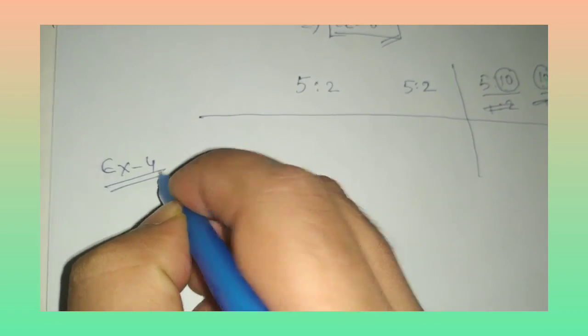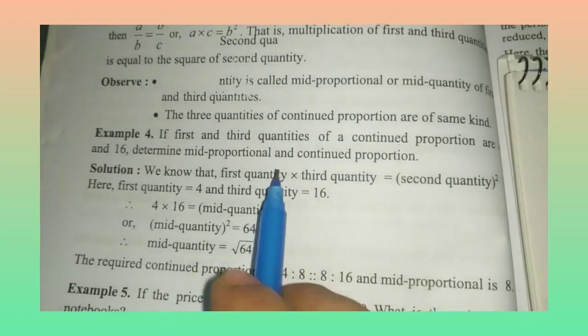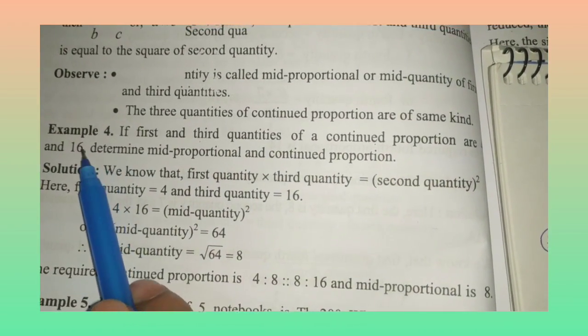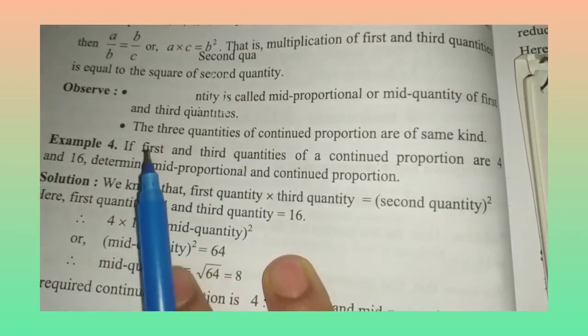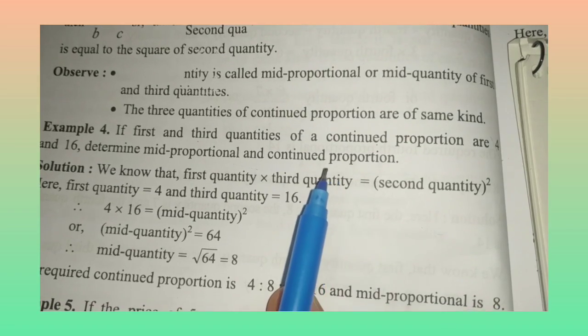Let's do example 4, where the question is: if the first and third quantities of a continued proportion are 4 and 16, determine the mid proportional and the continued proportion.